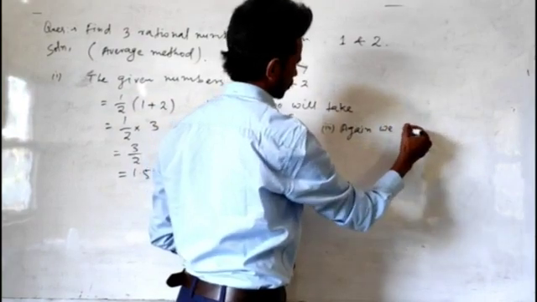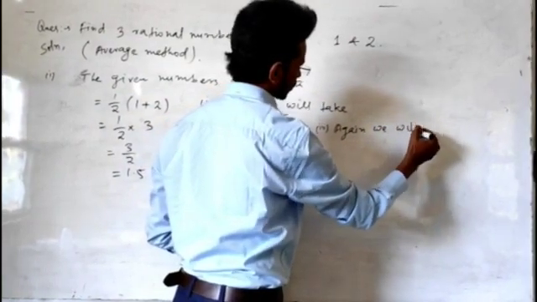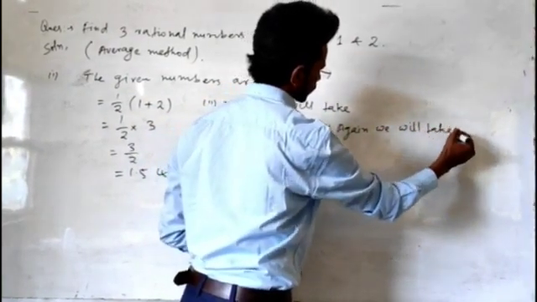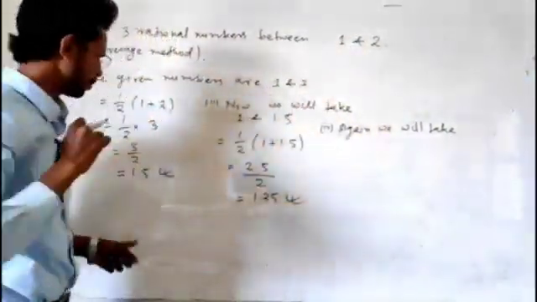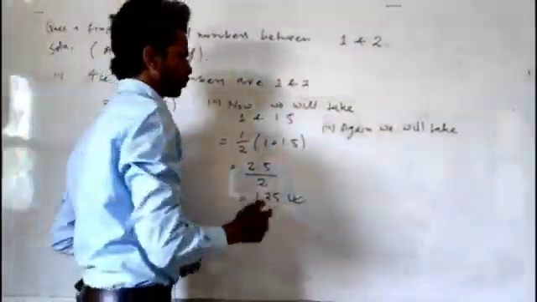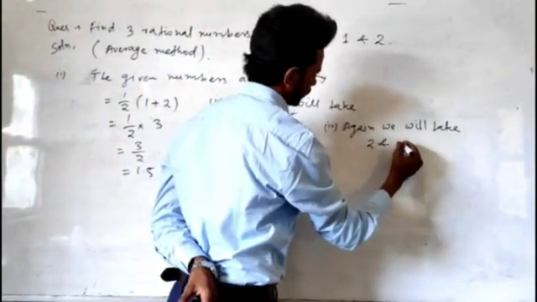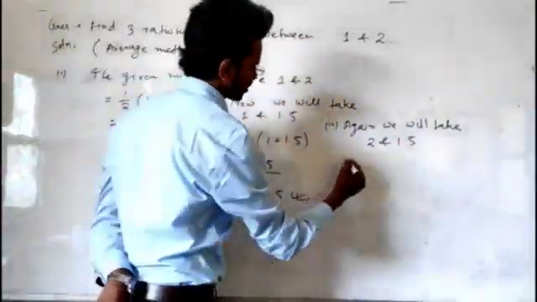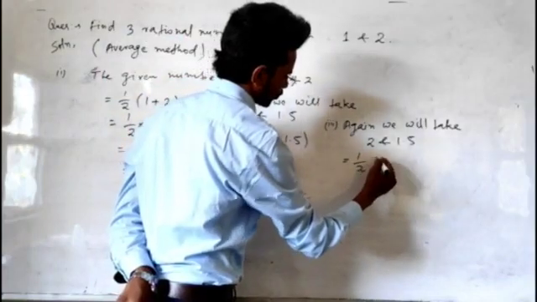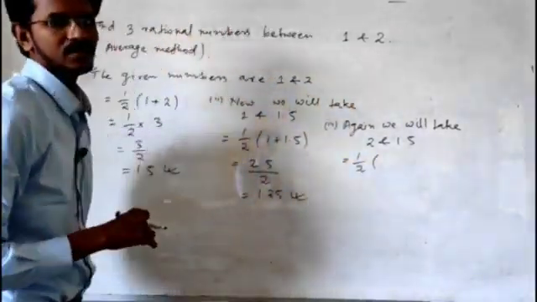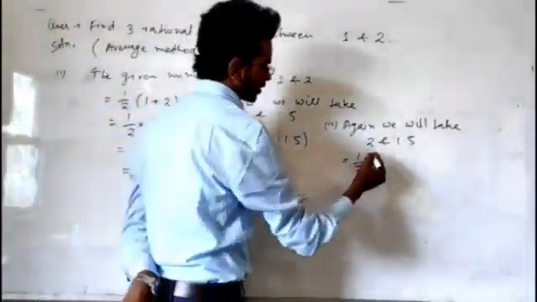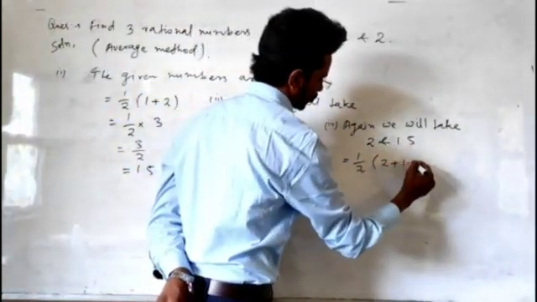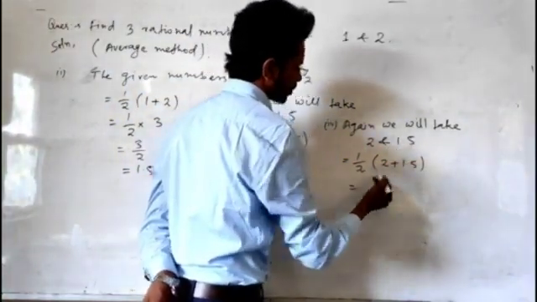Then proceed by the same way, 1 upon 2, and add the numbers you have taken. 2 plus 1.5. What is the number?